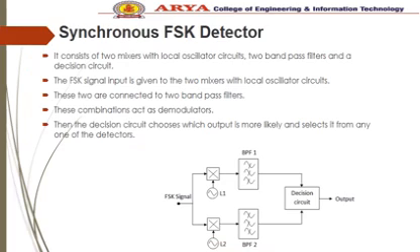The figure shows the block diagram of the synchronous FSK detector. It consists of mixers with local oscillators that generate a low carrier frequency and a high carrier frequency, 2 bandpass filters, and a decision device. Firstly, the input is given to the mixers where these signals are mixed with the local carrier frequencies and generate a signal of low frequencies and higher frequencies.